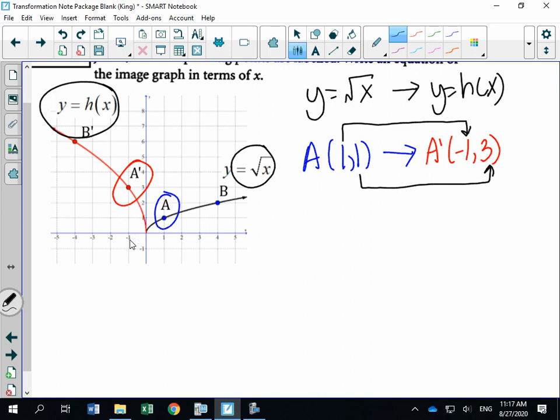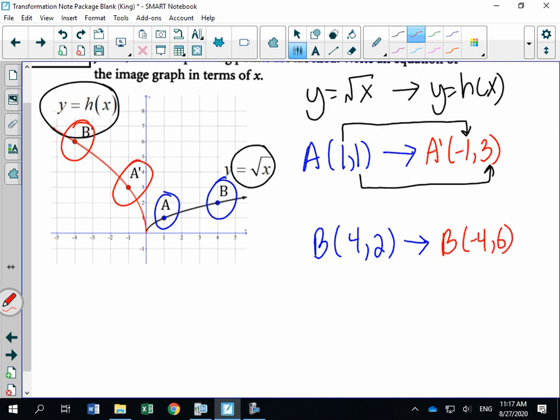So our B coordinate is right here, and that is at (4, 2), and B prime up here is at (-4, 6).